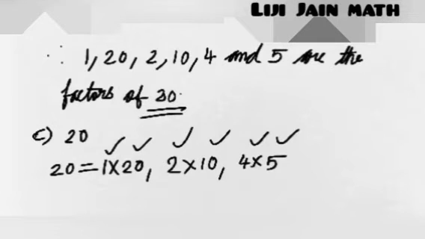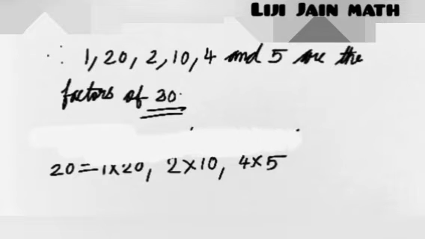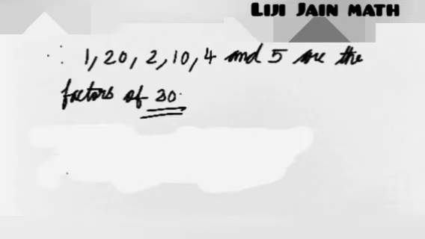Okay, yes. Now, as we have discussed earlier, a number has how many factors? Only a countable or limited number of factors, isn't it? Clear? Whereas the number of multiples is unlimited or infinite. Okay. So NB, that's important. Please write down NB.